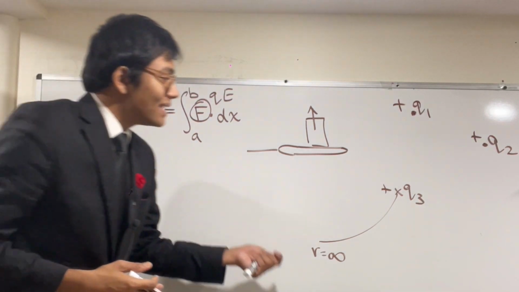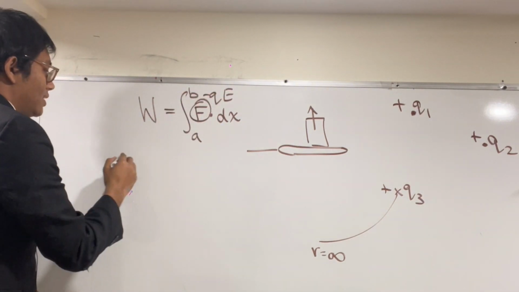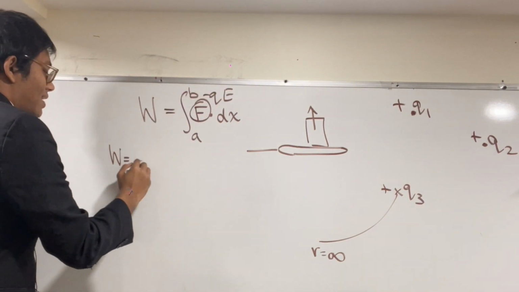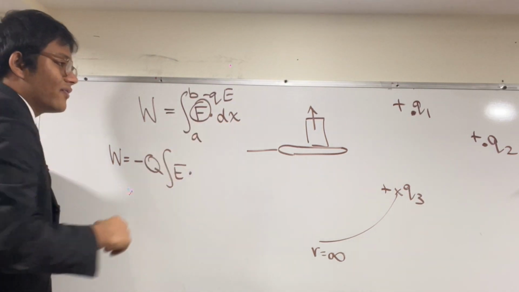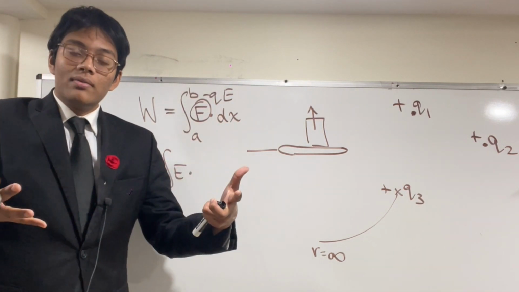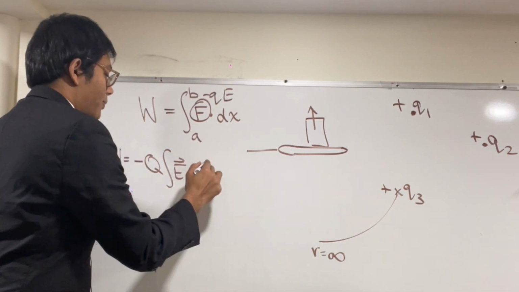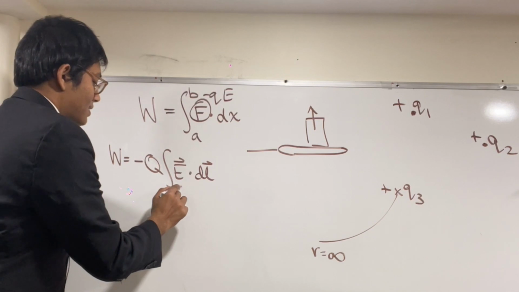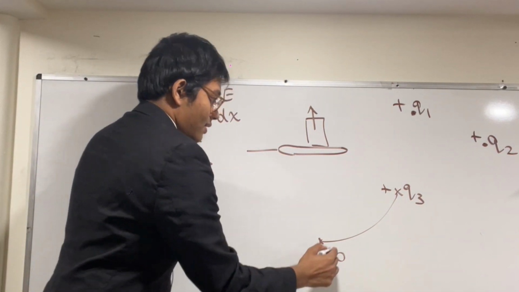Now, since we're working against the electric field here, I'm going to put a minus QE so that we can write the work is minus Q times the integral of E dot dl, where we're displacing the charge along an arbitrary path dl from some initial point A to B.